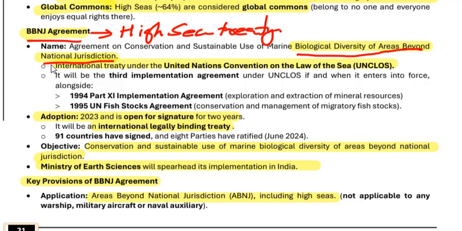National jurisdiction means the area outside the exclusive economic zone that we have discussed. This is approximately two-thirds of the area outside the exclusive economic zone, and this is called BBNJ, Biodiversity Beyond National Jurisdiction. It includes high seas and deep seabeds.